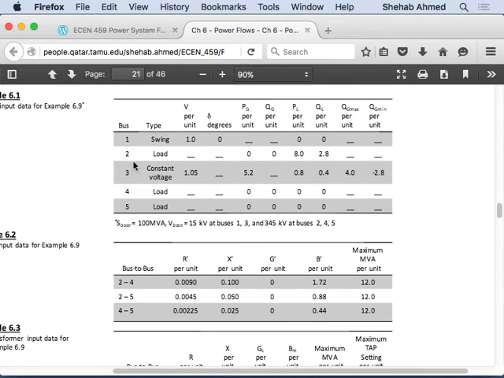So you go to bus 2, the bus 2 had a load of 8. Remember, the power at every bus, PK, is equal to generation power minus load power. So which means that P2 on the left hand side is equal to what?